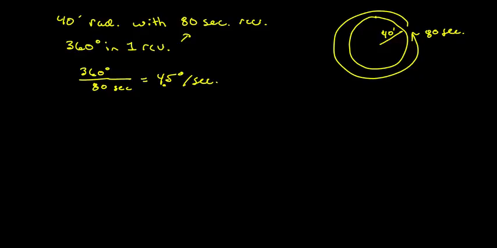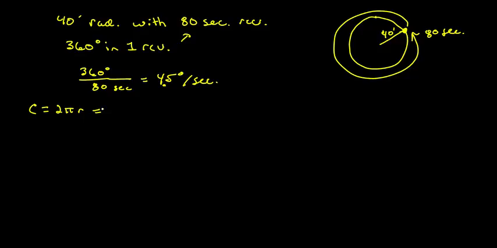Now we want to know what is the velocity. So if a person was sitting on this wheel and they were traveling around, how fast would they be moving in miles per hour? So to figure that out, we need to figure out how far they travel. So the circumference, the distance around the wheel, is equal to 2 pi r, where r is equal to 40, so this is in feet.